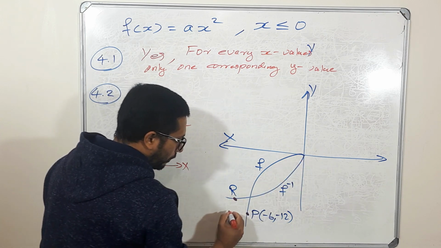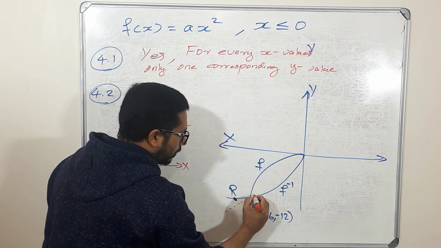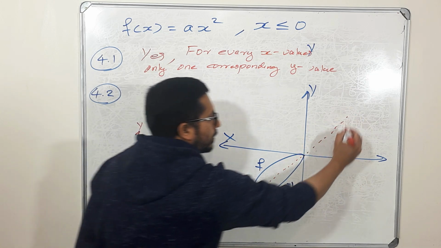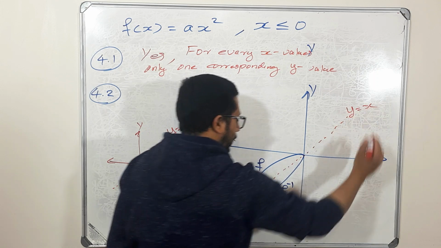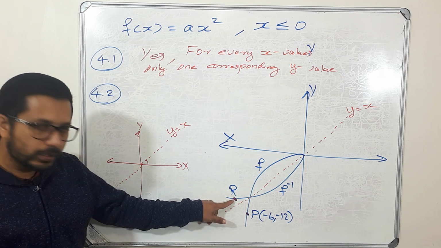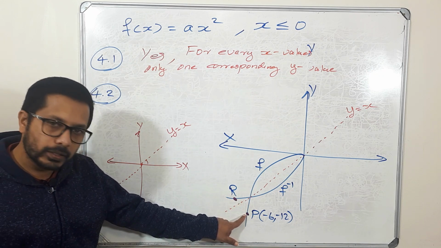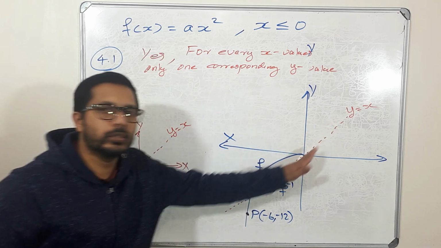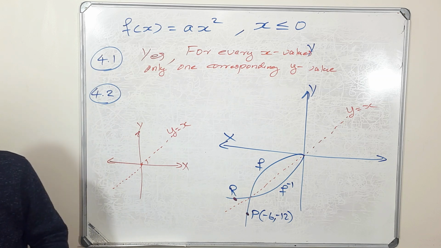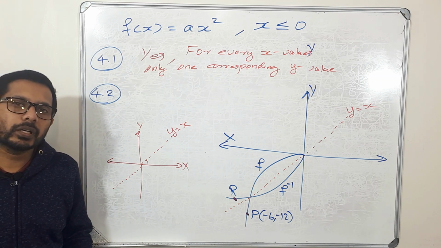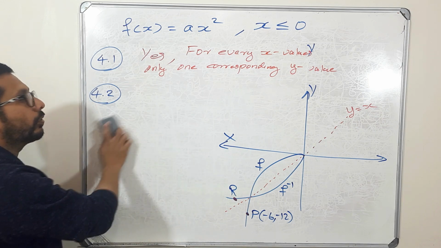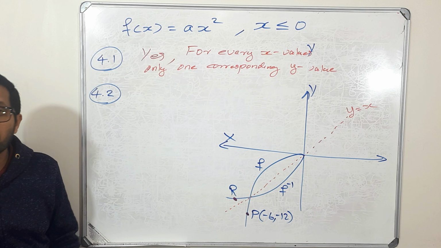It is passing through somewhere here, like this, and this is the line y = x. So now what is the question? This R is the reflection of this P based on the line y = x. Then what are the coordinates of R? It's very easy to find the answer. If the reflection is based on the line y = x, you don't need to think anything else, you just try to understand like this.